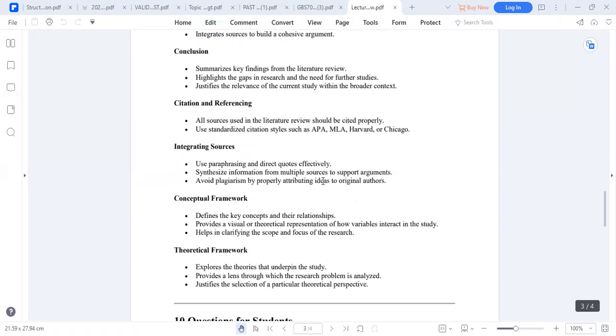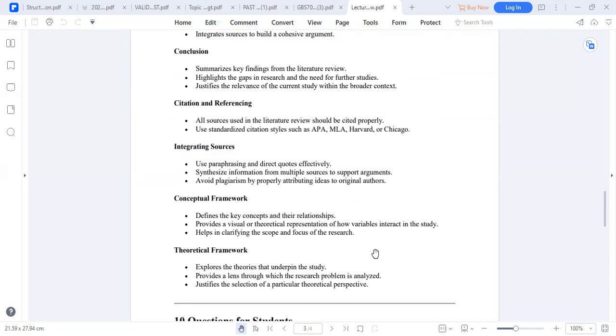Issues of integrating sources. So we also need to learn paraphrasing. Since we'll be using thematic analysis here, and most of you are using different sources and AI, you must learn how to paraphrase and how to get direct quotes. At what points do we have to directly quote and synthesize information that comes from multiple sources?